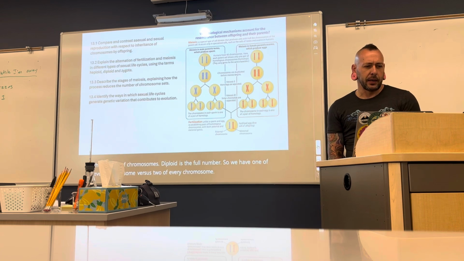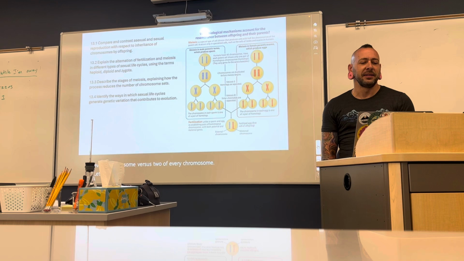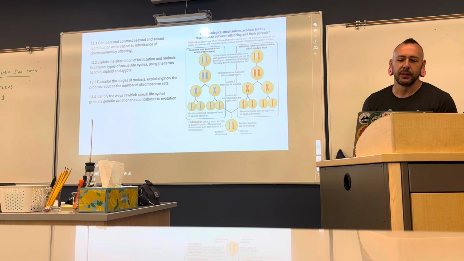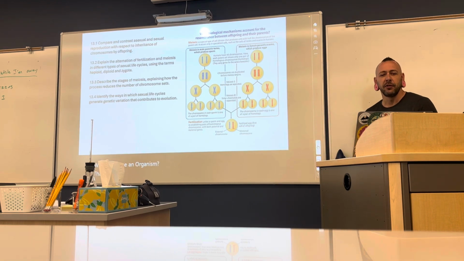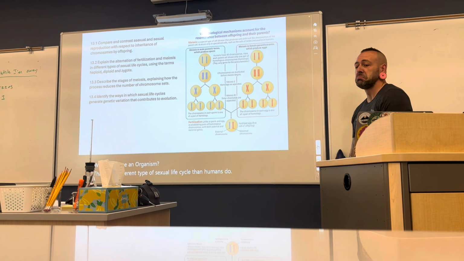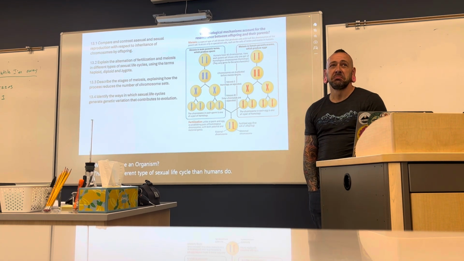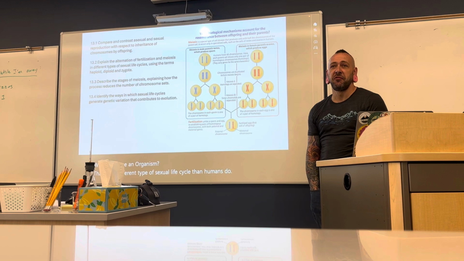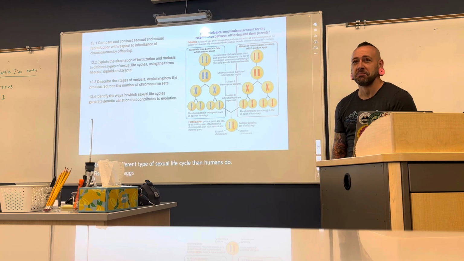Let's see here. Who can name an organism that has a different type of sexual life cycle than humans do? Fish produce eggs, which are fertilized by sperm. Same deal.